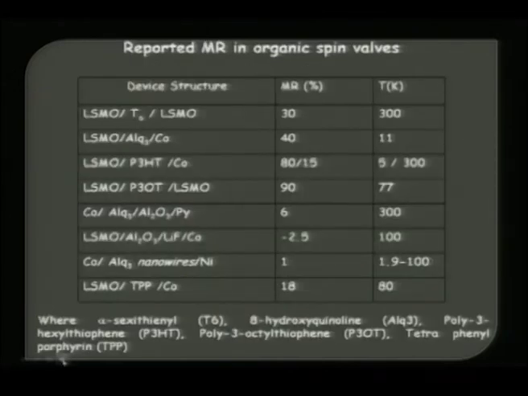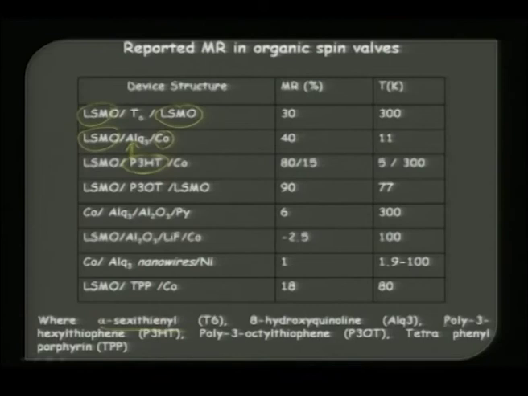As I told you, I am showing an enlarged view of the table which I referred to earlier. I can take two ferromagnets and put T6, which is sexithiophene, or you can take two ferromagnetic electrodes and put an organic molecule like AlQ3 or P3HT.